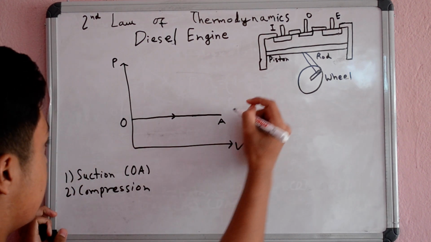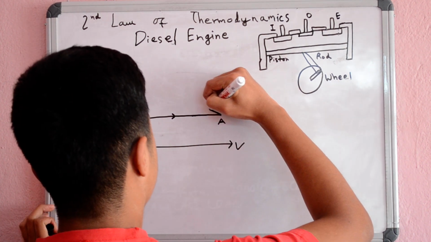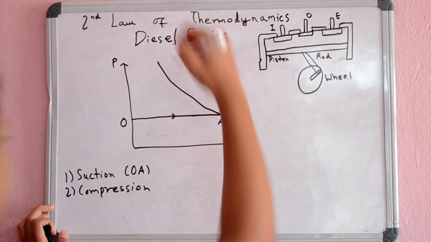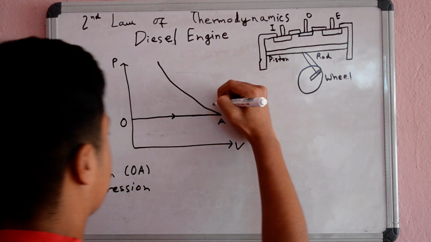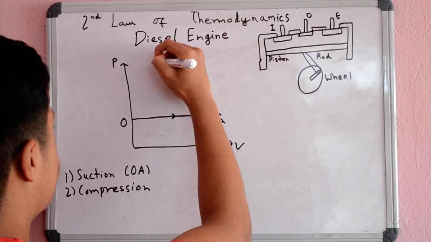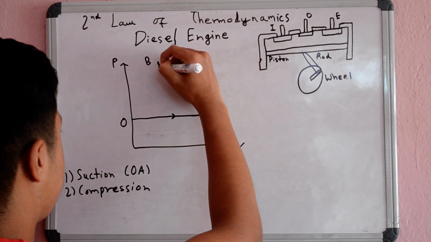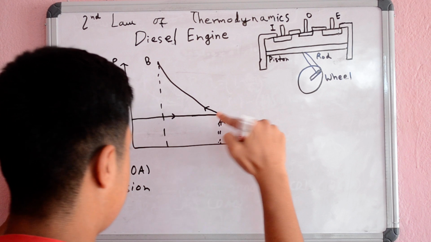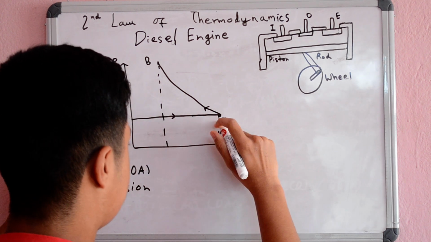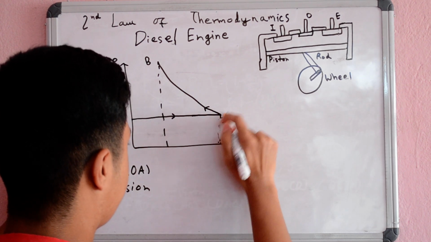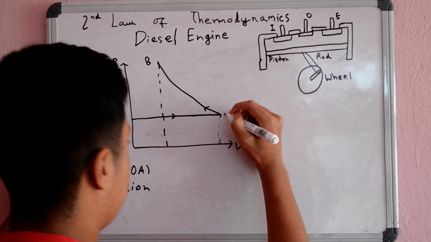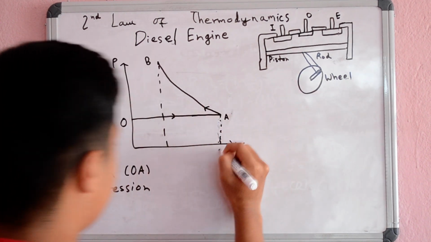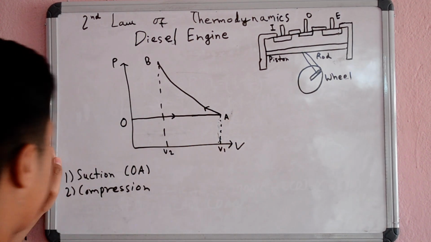So here, yes, this is how much it compresses. Let's say this goes to a point B, and at point A, let's say this is volume 1, this is volume 2.